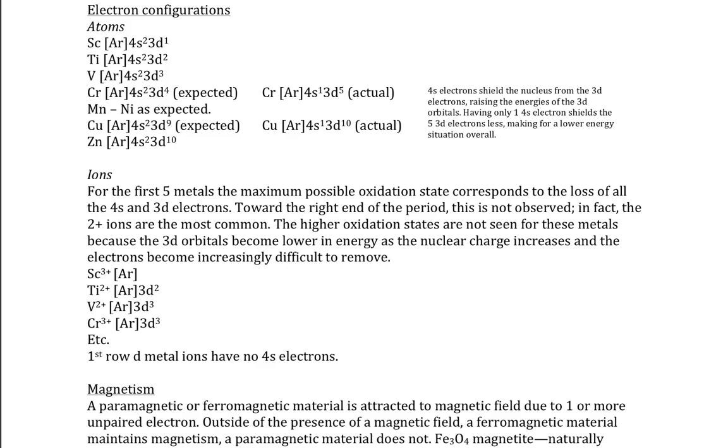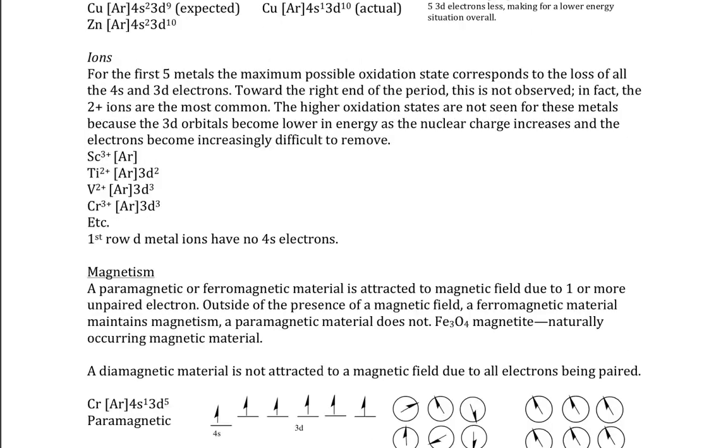Okay, when we have ions of those atoms, that is, electrons have been removed, we talked about the maximum possible oxidation states for the first five 3d elements, so scandium through manganese.